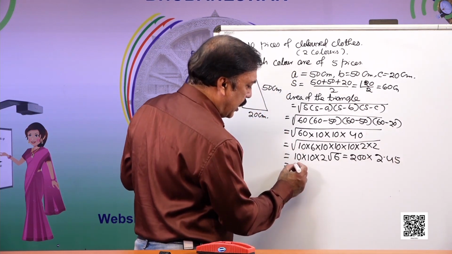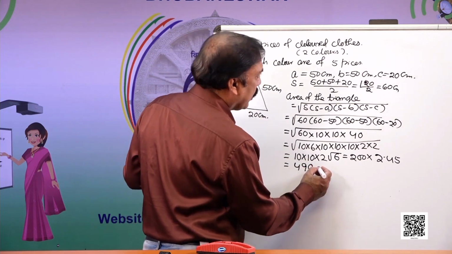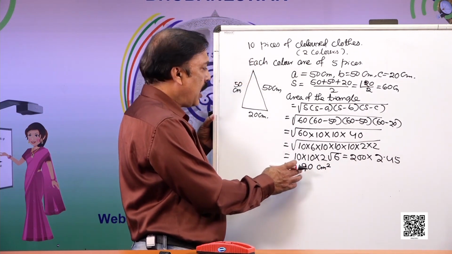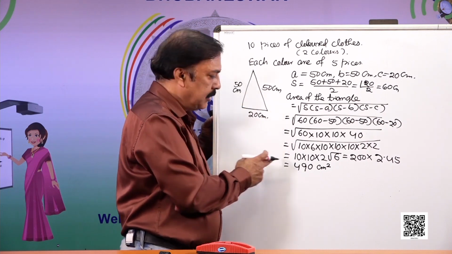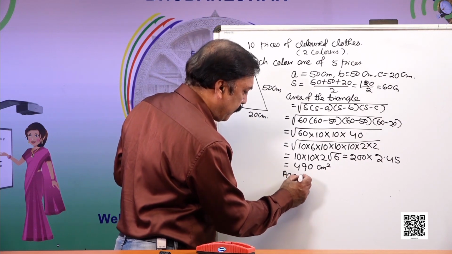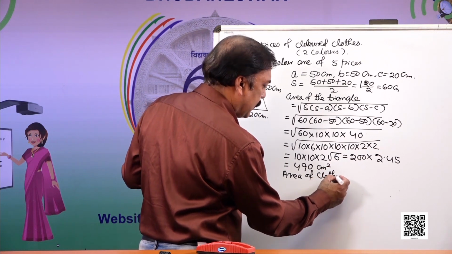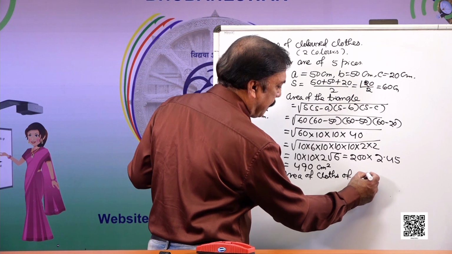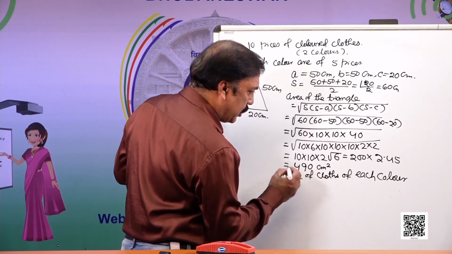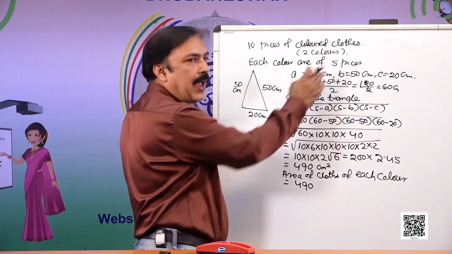So, we can take this as 490 centimeter square. So, area of each piece is 490 centimeter square. So, area of cloth of each color is equal to this 490, and each color has 5 pieces.